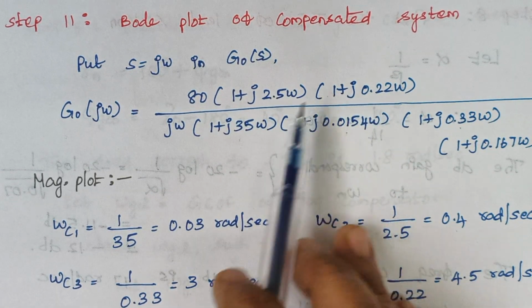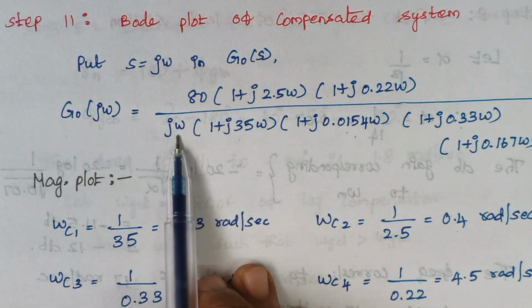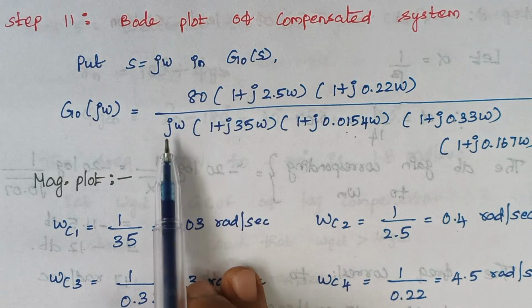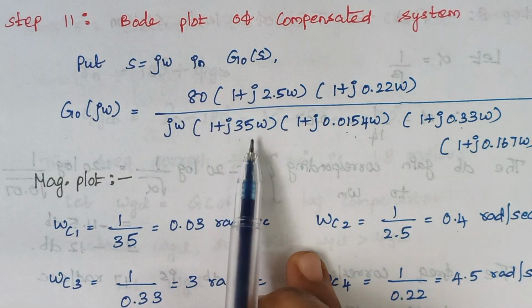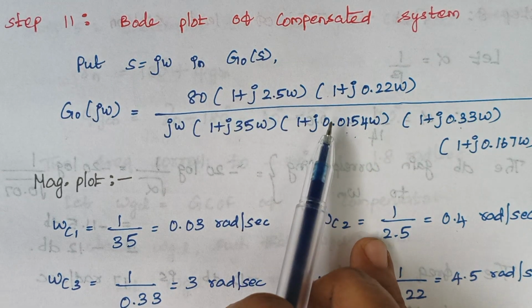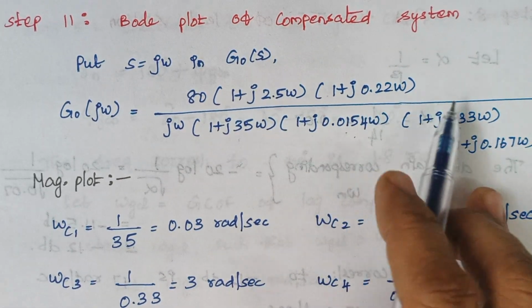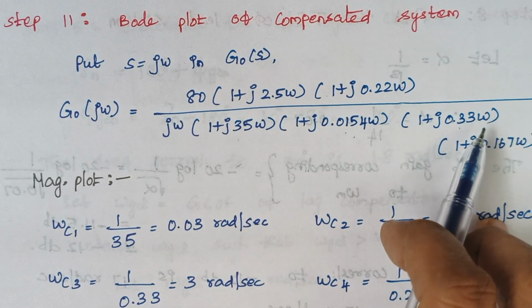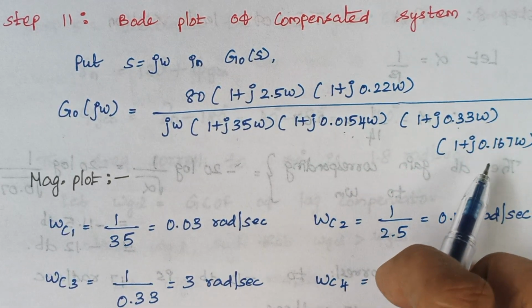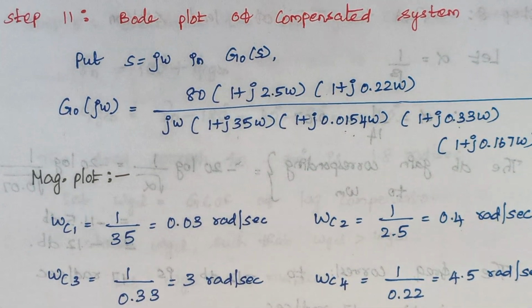And now we are proceeding to the denominator part, so include a minus. And here this omega contributes minus 90 degree. So minus 90 minus tan inverse of 35 omega by 1, minus tan inverse of 0.0154 divided by 1, minus tan inverse of 0.33 omega by 1, and here again minus tan inverse of 0.167 omega by 1, right?